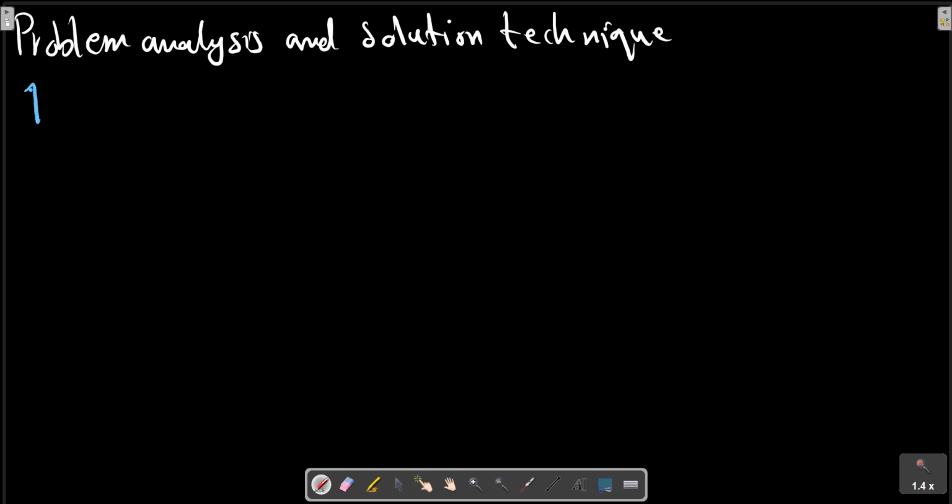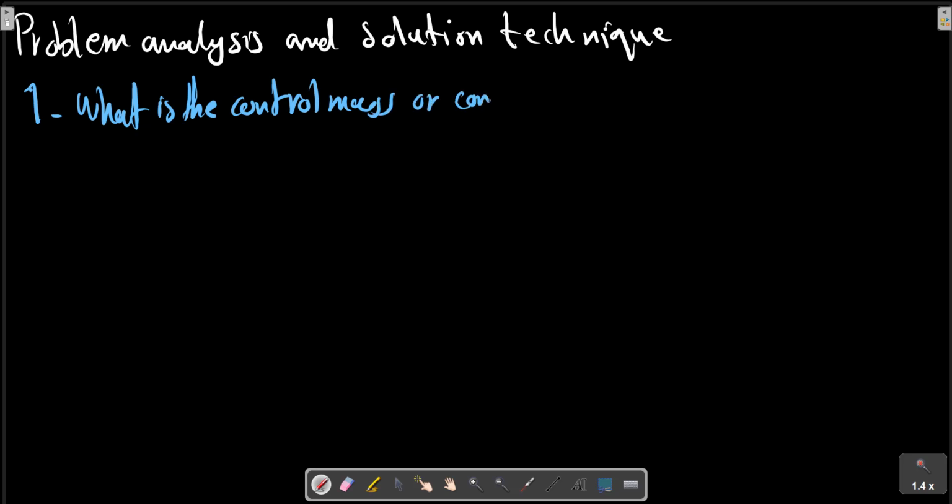The first question is, what is the control mass or control volume? Is it useful or necessary to choose more than one?